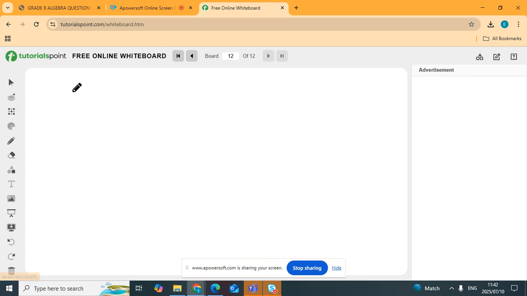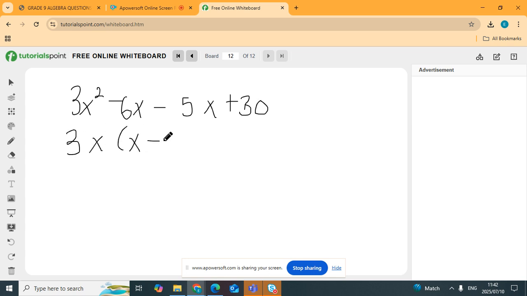So we now go on to say 3x squared minus 6x minus 15x plus 30. You factor out the 3x, then you put a bracket, x minus 2.